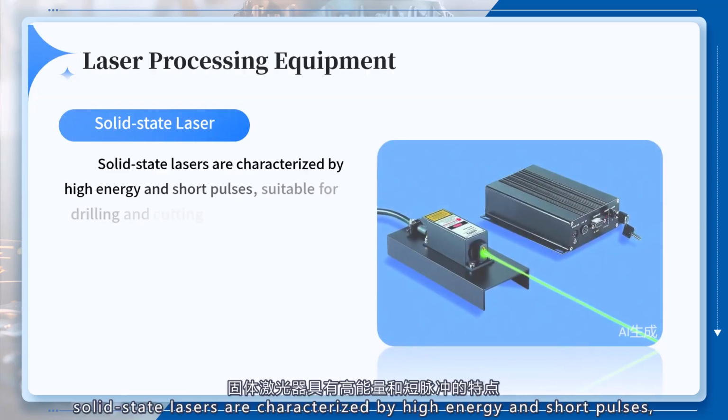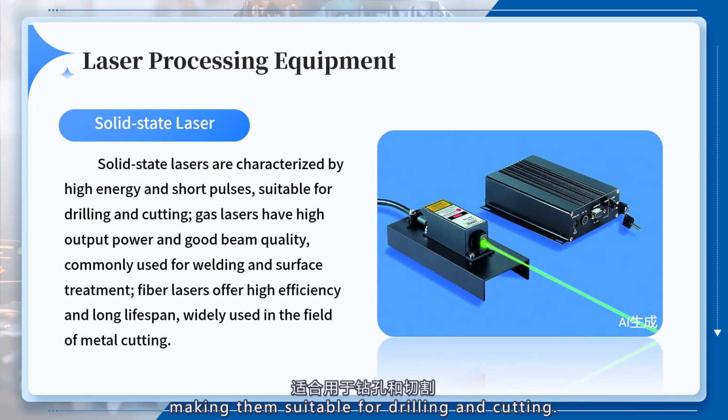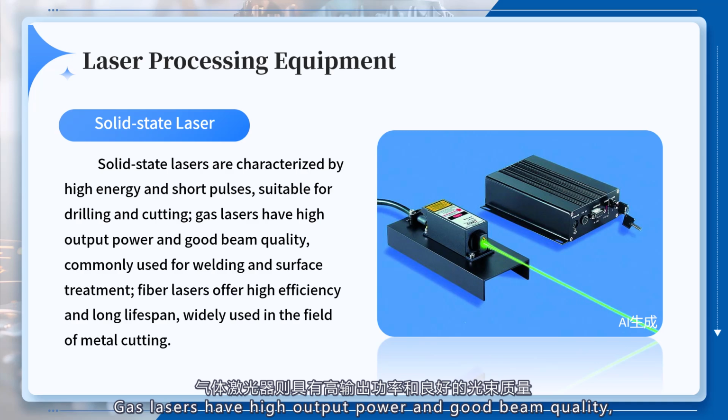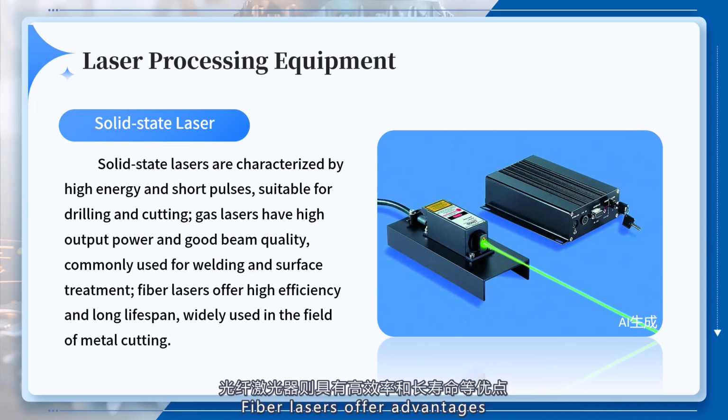For example, solid-state lasers are characterized by high energy and short pulses, making them suitable for drilling and cutting. Gas lasers have a high output power and good beam quality, commonly used for welding and surface treatment.